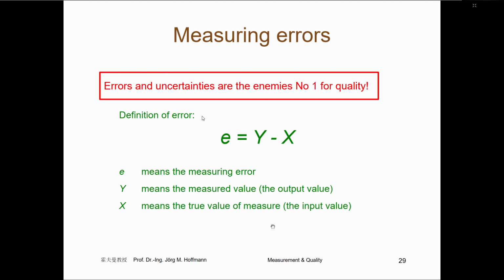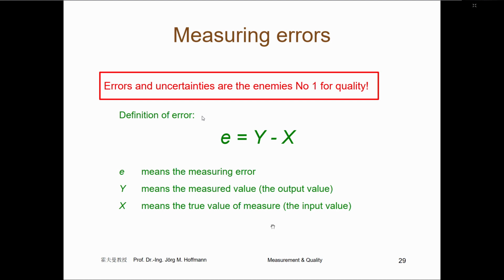When you would like to produce a high quality, you have to reduce errors and uncertainties in your measurement, in your range, what is accepted for the quality of the products.